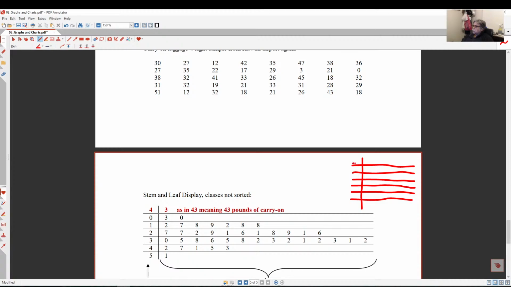Okay, on the top you probably want to make some kind of guide for the people reading your data. So you can select any piece of data like 21, and you put 2, which is going to be our stem, and a leaf, which is going to be 1, and then you write further on what that's supposed to be, like I did here, 43, meaning 43 pounds of carry-on luggage, maybe, if you want more.